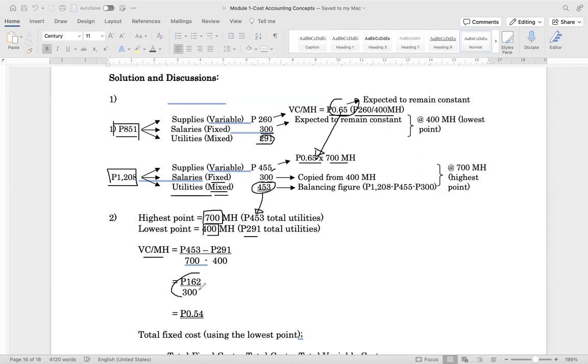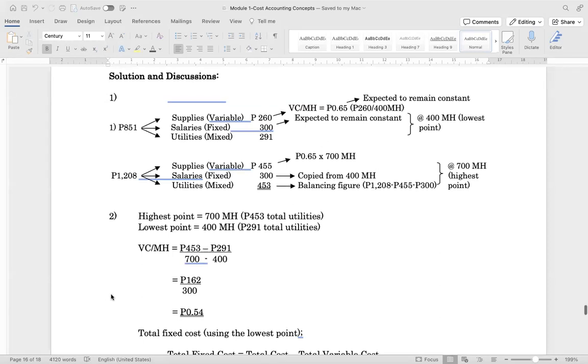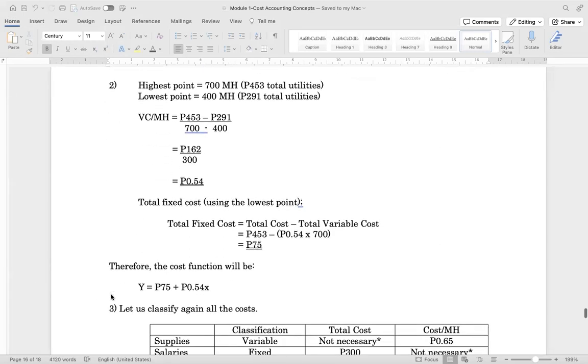So we have here 0.54. After computing the variable cost per unit for utilities, we can now compute the total fixed cost. So we have 0.54 times 700. Deduct it from the total cost of 453. So your fixed cost now is 75.